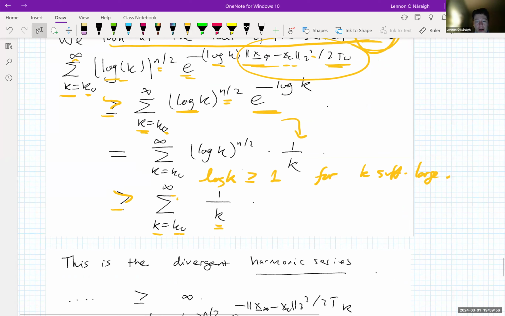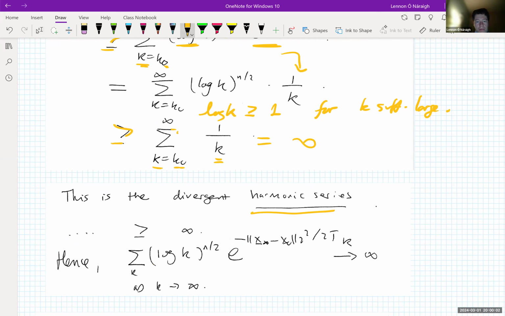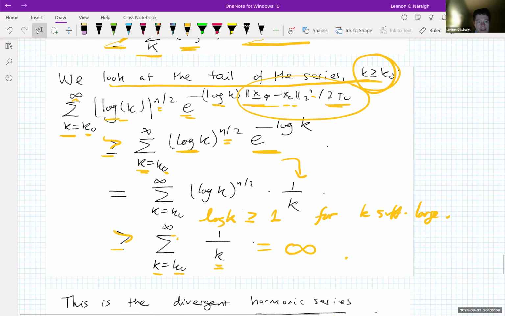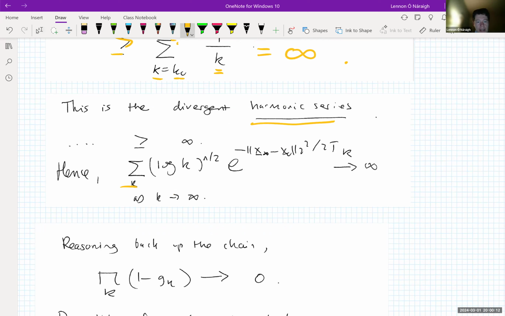And this is precisely the harmonic series, which diverges. So reasoning back up the chain, the sum that I had, (log k)^(n/2) e to the minus ||x star minus x0||^2 over 2 tk, is divergent. So this goes to infinity as k goes to infinity.